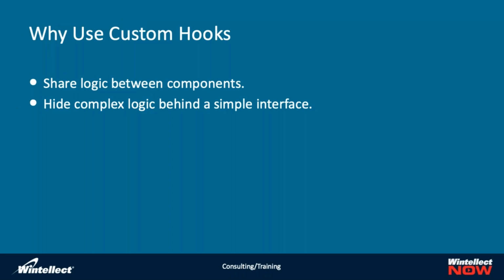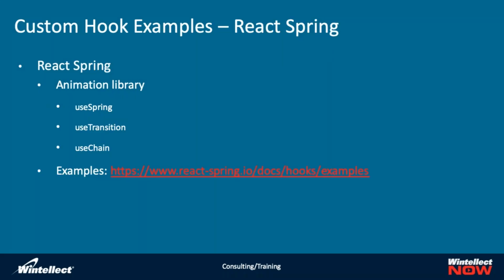So custom hooks allow you to share logic between components, and they allow you to hide complex logic behind a simple interface. And the first custom hook that I want to talk about is the React Spring animation library. It contains some hooks like useSpring, useTransition, and useChain, which allows you to chain your animations together.